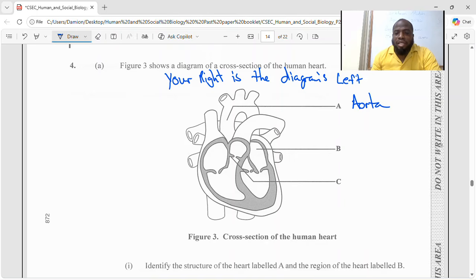We have the left ventricle, right? So I think I said the incorrect thing. So the left atrium, and of course we have the bicuspid valve.